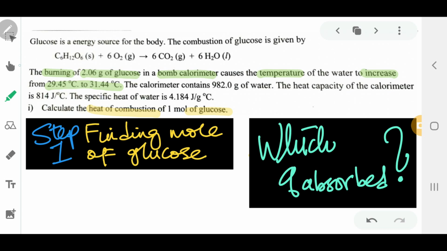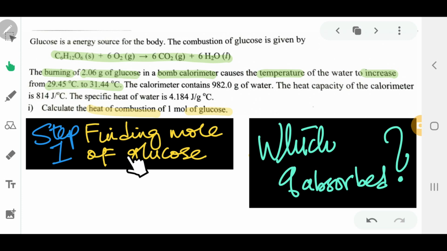The question also gives you the balanced thermochemical equation. Therefore, step number 1 will not be the writing up of the balanced thermochemical equation, because it is already given by the question.